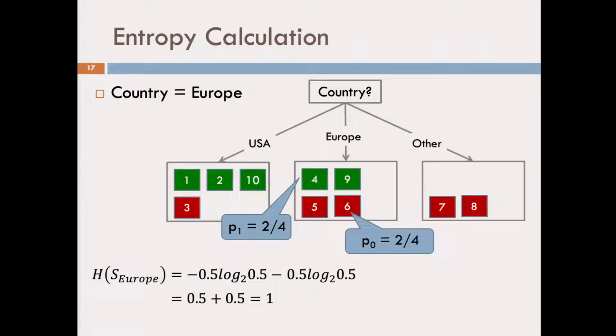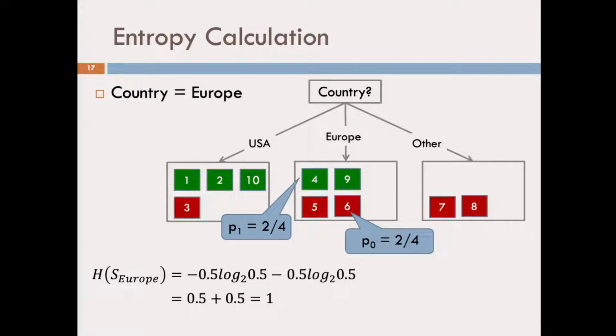So in this subset we have 2 positive instances and 2 negative instances. Okay, so the resulting entropy is minus 0.5 log 0.5 minus 0.5 log 0.5. That results in 1.